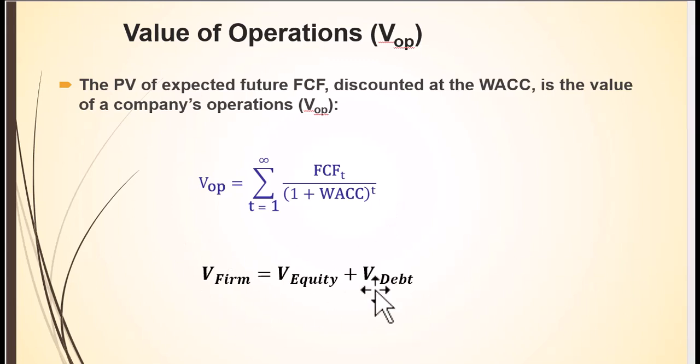How this works in a more simplified formula says the value of the firm is the value of equity plus the value of debt. If I can figure the value of the firm, value from operations, we can ultimately determine what is the value of the stock of the company.